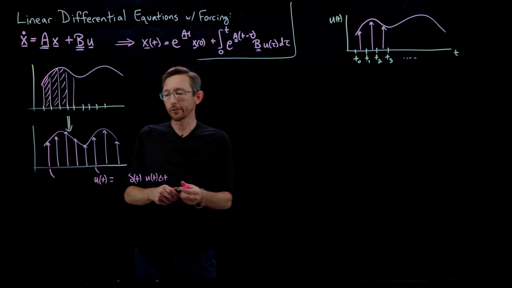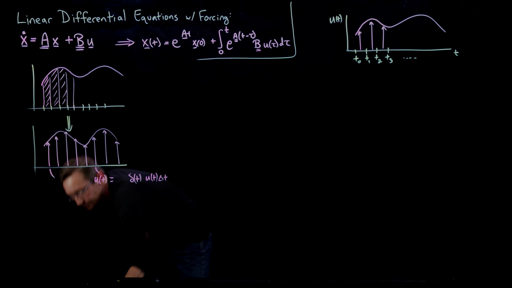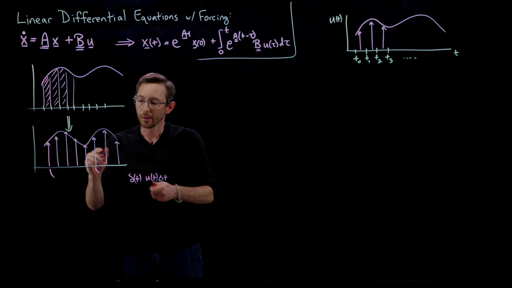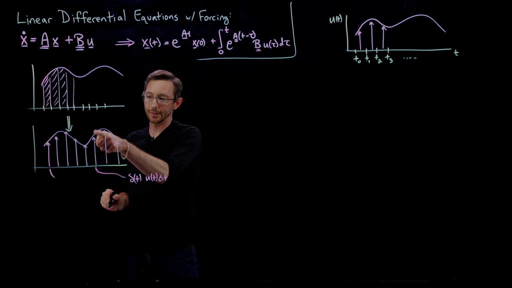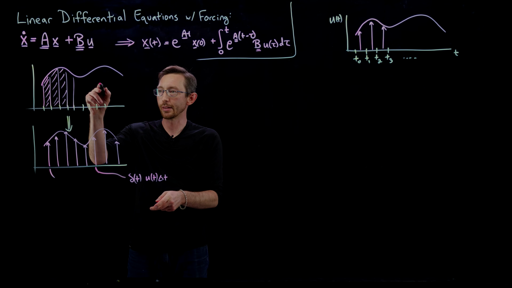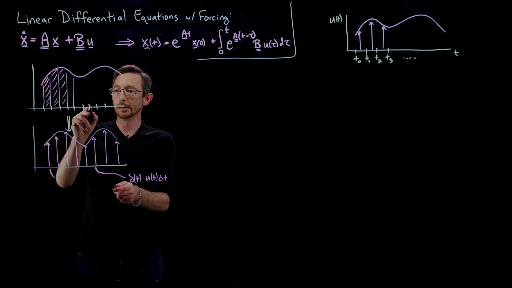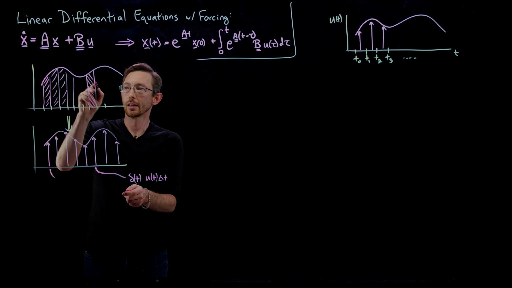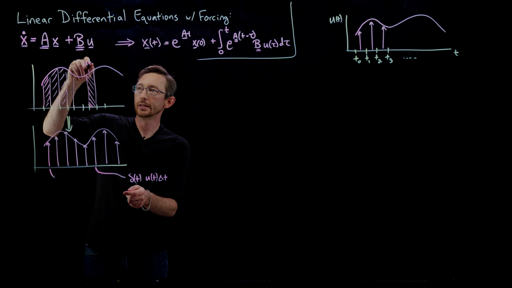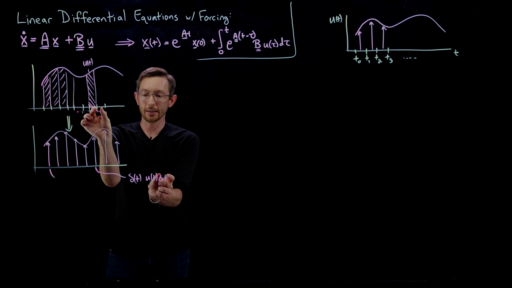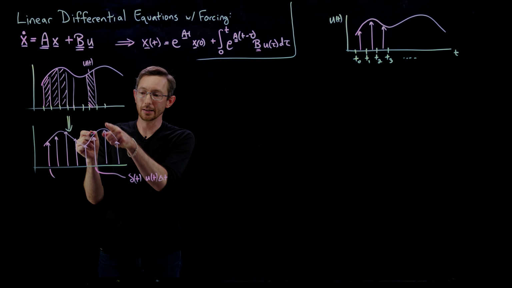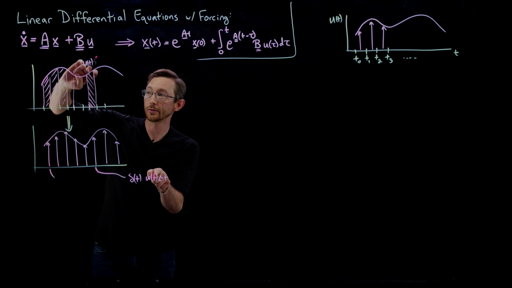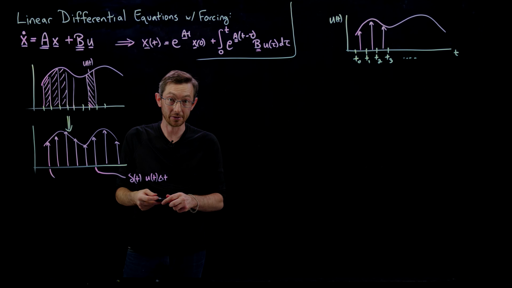So the amount of delta function at this point that I need to capture that area, this little area here, is the height U of t times the width delta t. That area needs to be in that delta function. This delta function has to have an area equal to U of t times delta t.